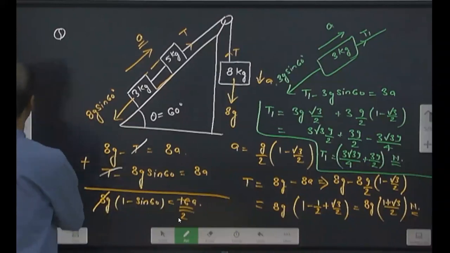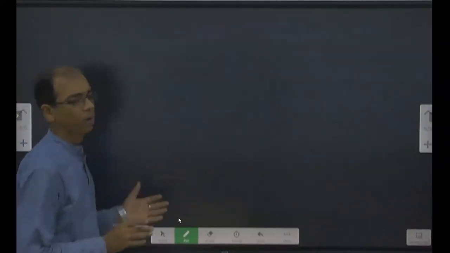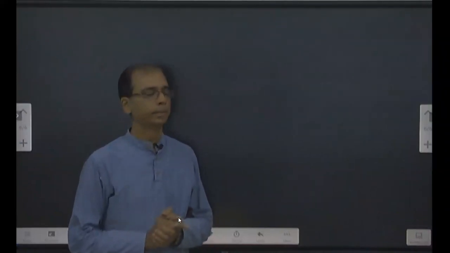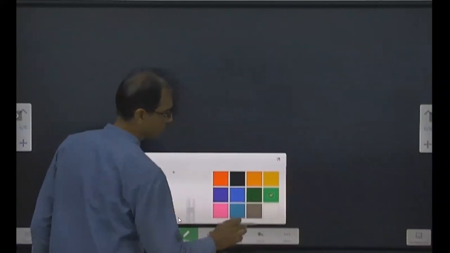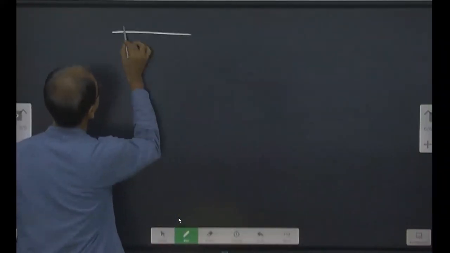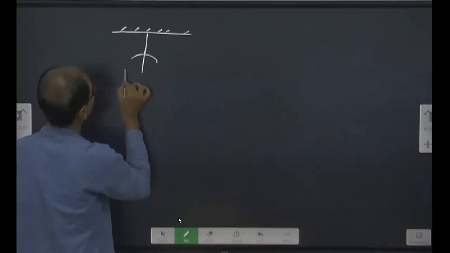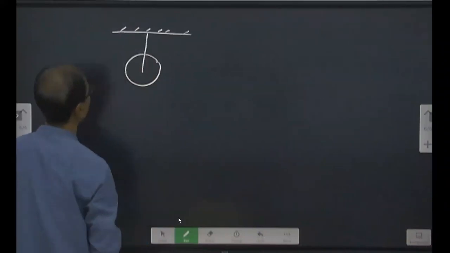So see that this is one type of problem, in all the things we have done: vertical, horizontal, and inclined. Now I'm telling you a different kind of problem in which the connection will be slightly different. How is the connection?